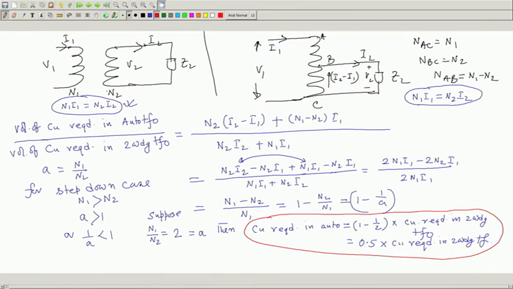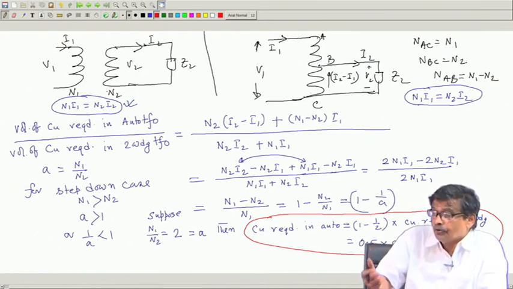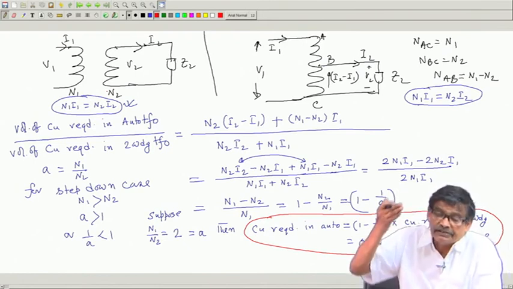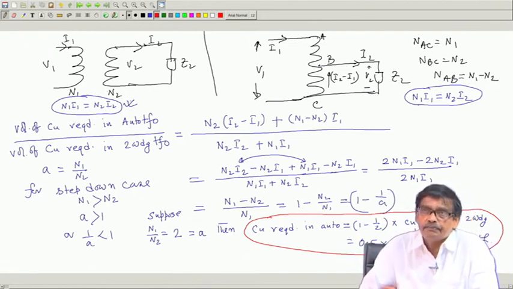Then I find, oh my God, you will get advantage here, because if you require 10 kg copper there, you will be requiring half of that copper required, 5 kg copper. So, weight of the transformer will be less, initial investment will be less, and so on. And this auto transformer will do the same job as this 2 winding transformer is doing.